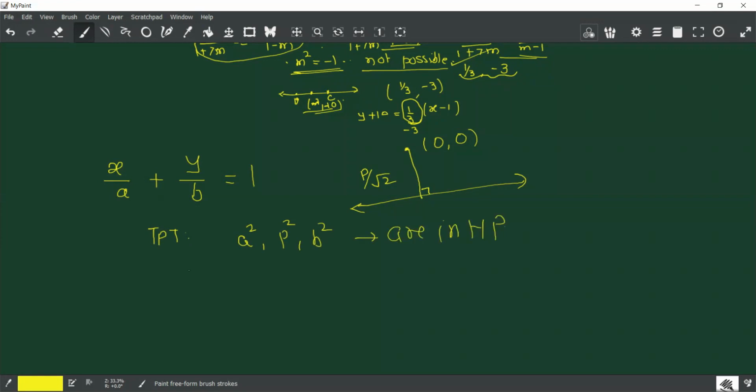Means if 3 numbers are in HP, that is to prove that इसके reciprocals are in AP. That is to prove that.